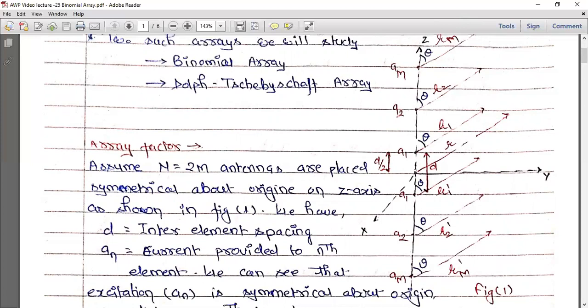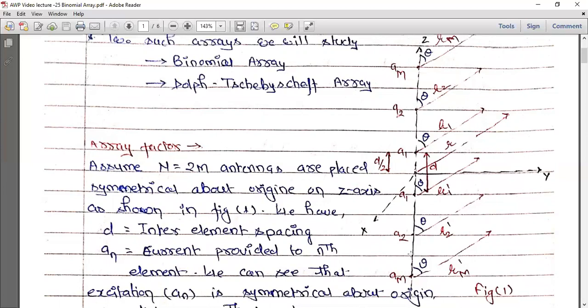So what we consider here in this particular case of the binomial antenna array is that we have placed 2m antenna elements symmetrically around the origin on the z-axis, such that the excitations of the antenna elements are also symmetrically distributed.